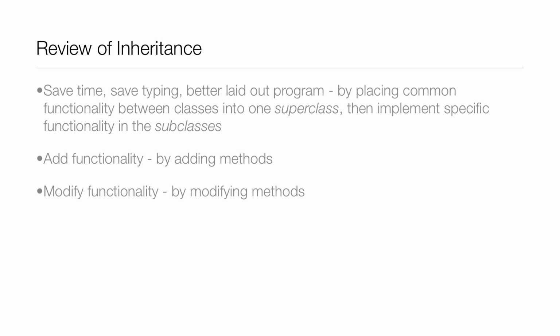It also allows us to add functionality to a class by adding methods like we went over, and also allows us to modify functionality by modifying the methods. But just be careful when you're changing around things, and if you're modifying them a lot, just be careful when you're doing that. But that is it for this lesson going over inheritance.